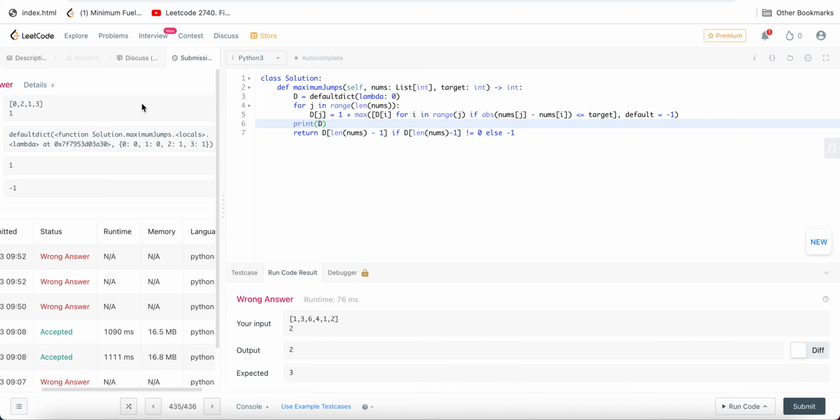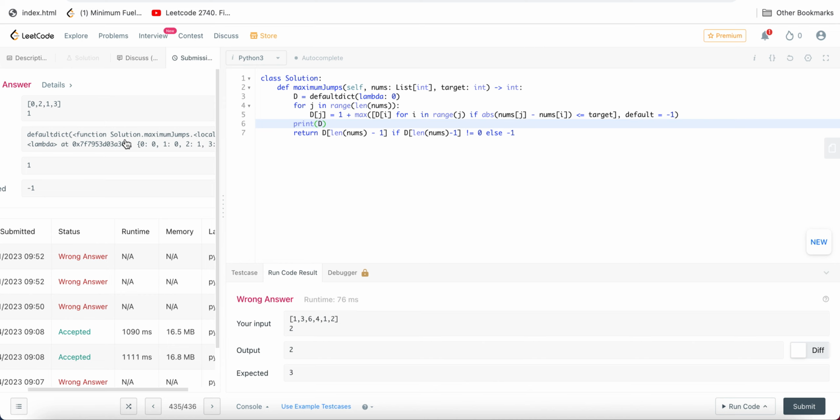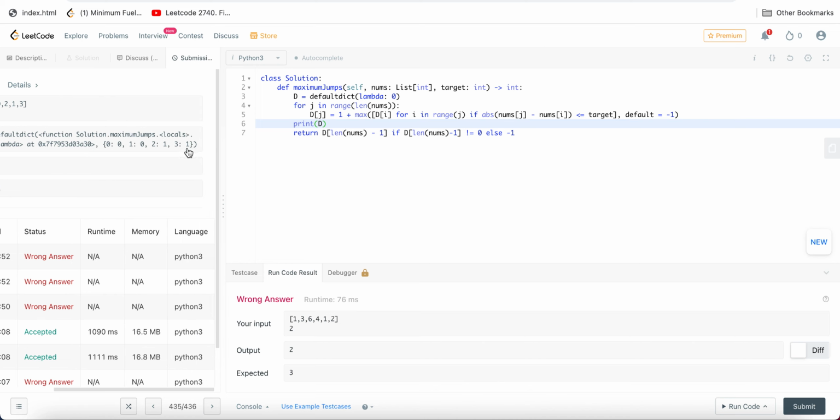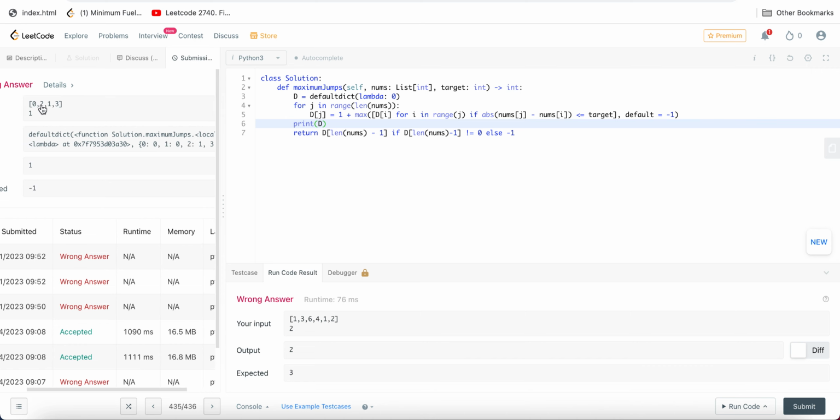So then why is it... Oh, okay. The problem is it's attaching itself to 2 because 2 has a length of 0.